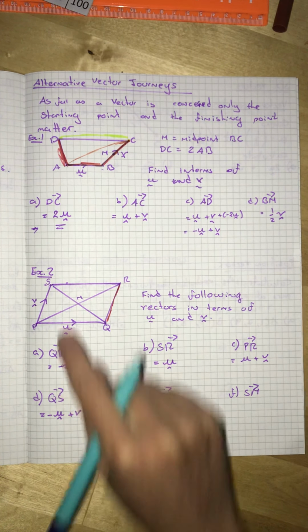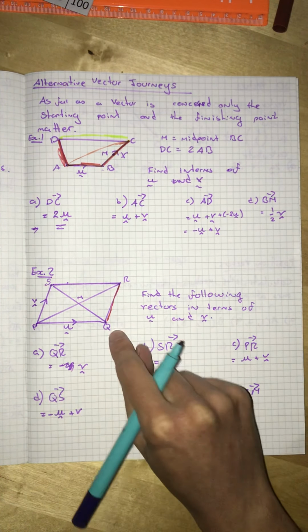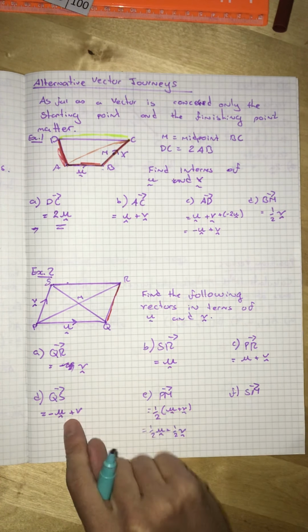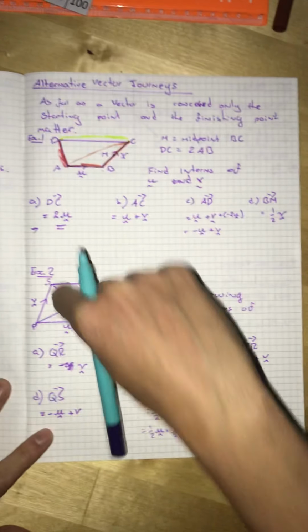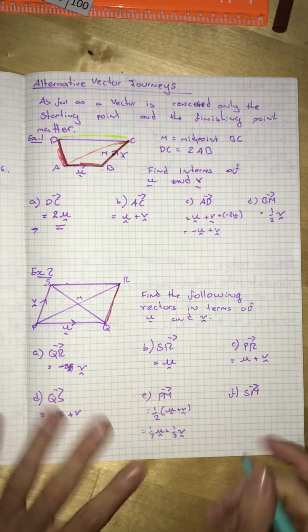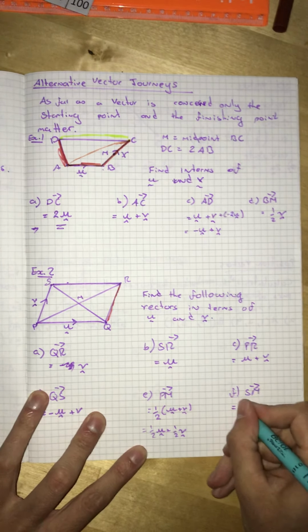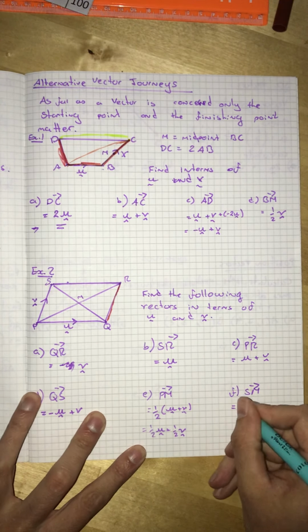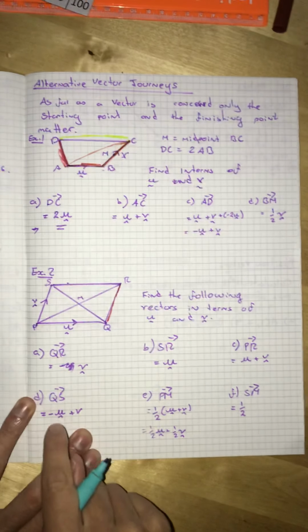What I'm actually going to do is, we learned in part D that QS is negative U plus V. So we've got that whole journey as negative U plus V, but now we're going in the reverse direction, but only halfway. So it's going to be a half times this, but also times by -1.